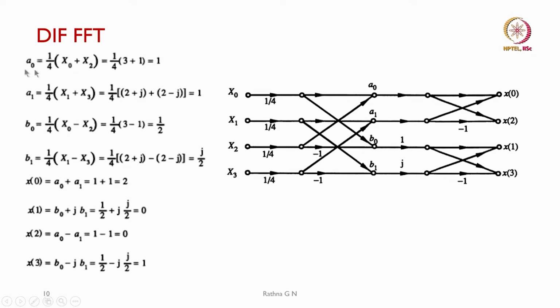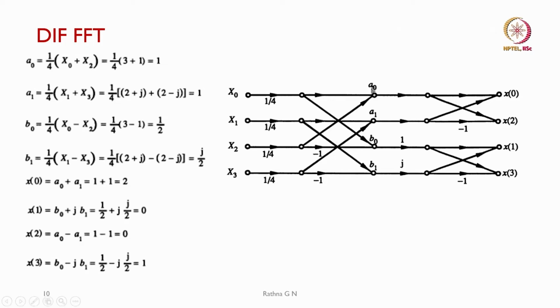So, you will be seeing that we use this decimation in frequency, where we put 1 by N, that is 1 by 4, to scale all of them, and then we have the butterfly we used for DFT, which is going to be reversed in this case, as you can see.